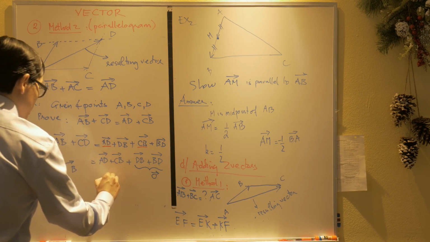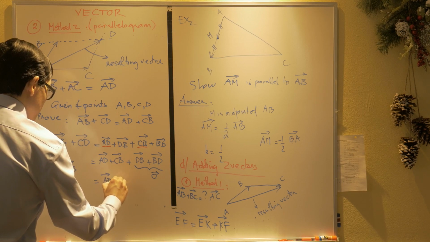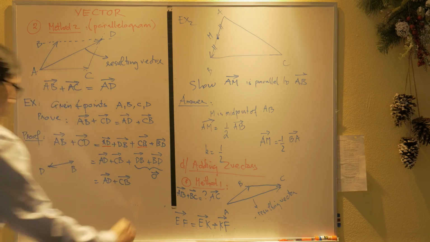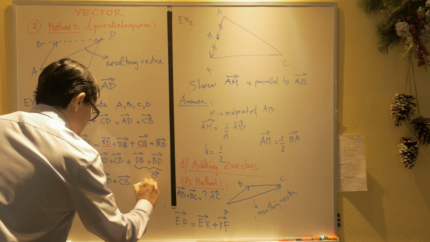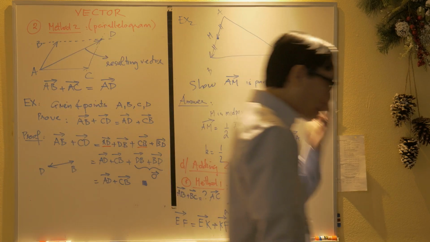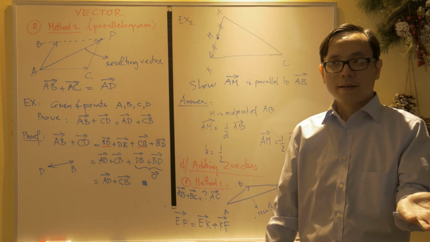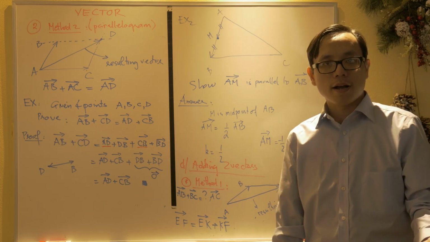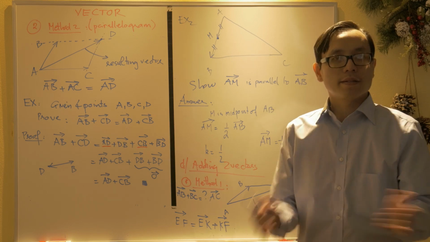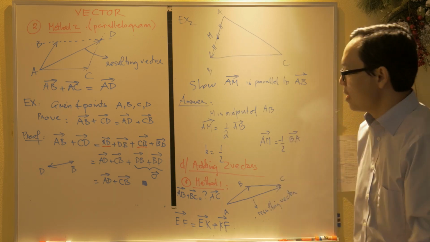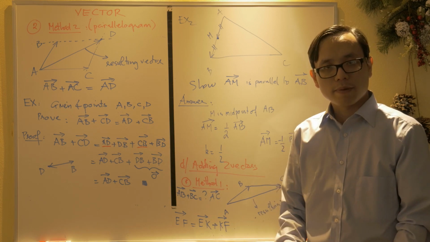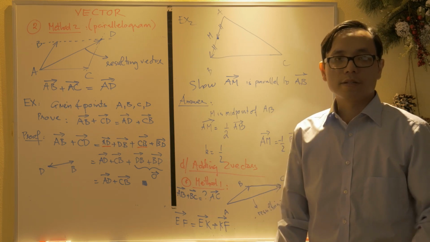So what you have left is AD plus CB, and we're done. So AB and BA cancel out, CD and DC cancel out, because they are opposite with the same magnitude. DB and BD are opposite to each other in terms of direction, and they have the same magnitude, so they cancel out.